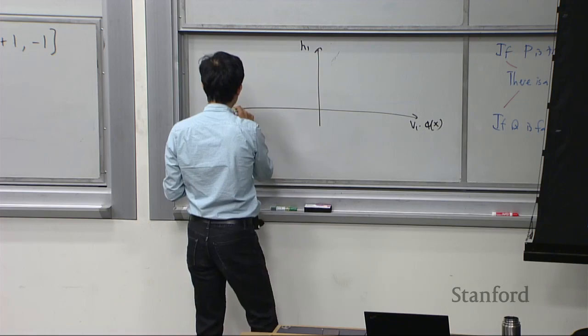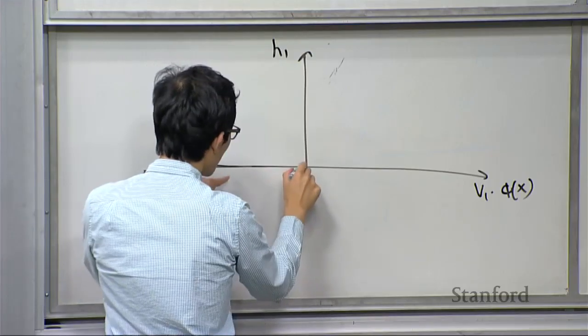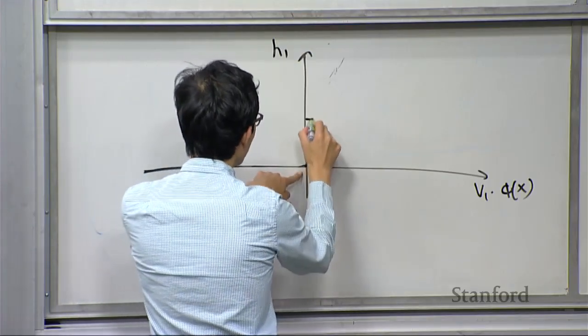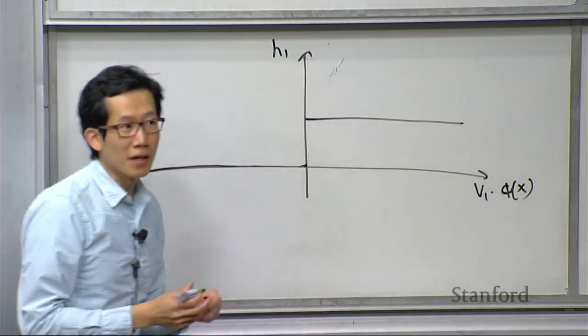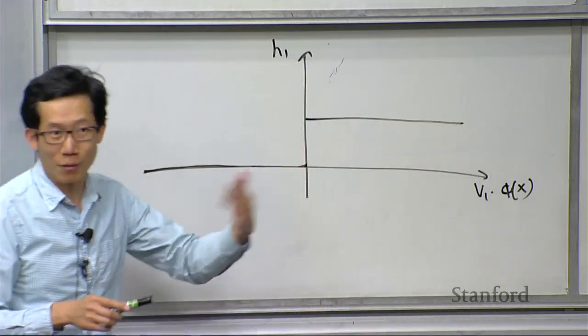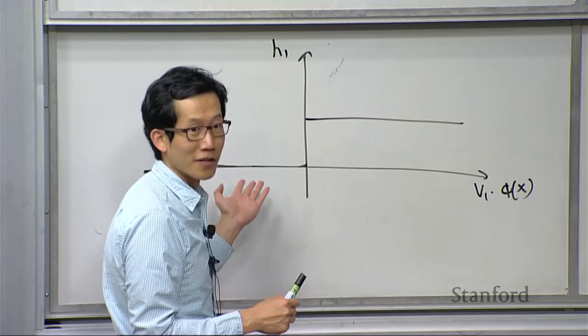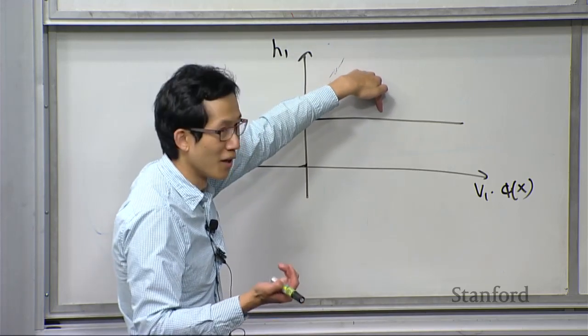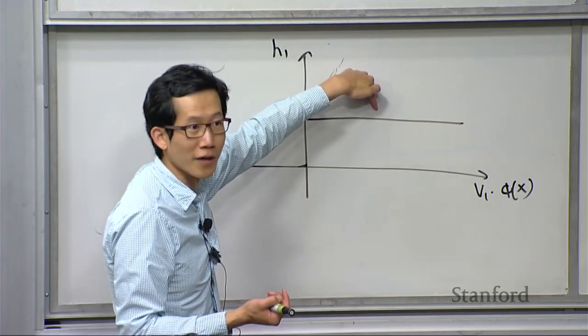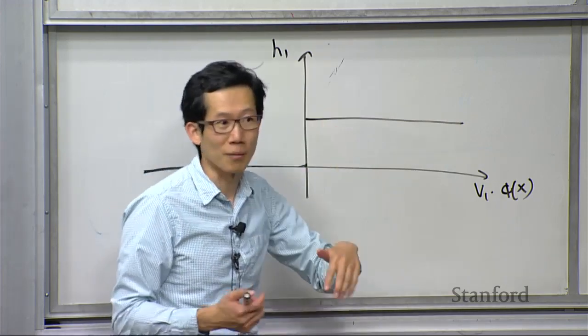What this looks like is 0 up until this point, and then it's 1. And just like we had issues optimizing the 0-1 loss, you also can't optimize this. Because if you're here, no matter how I change my weights v1, nothing is going to move, so I'm just going to stay still.